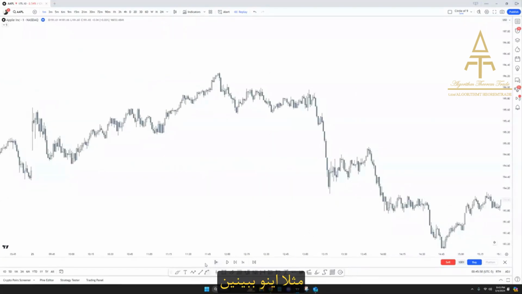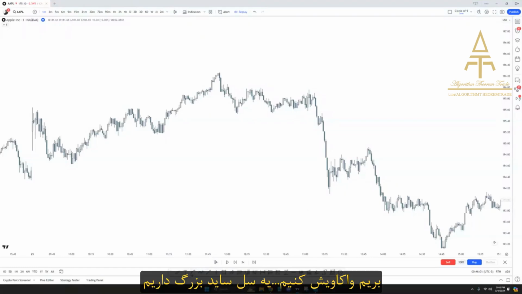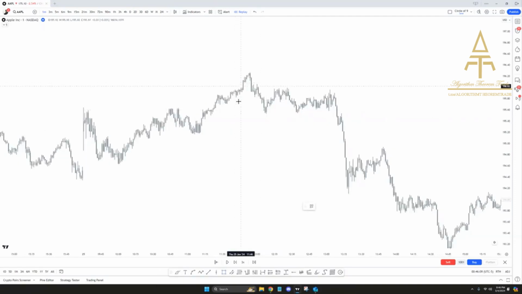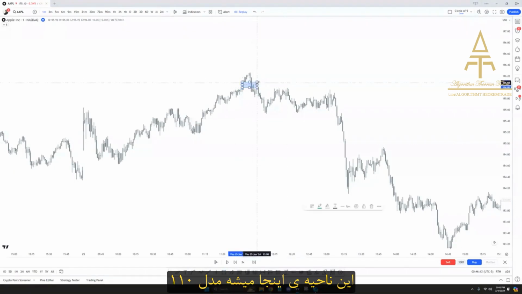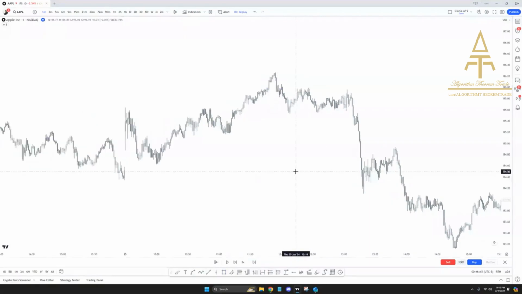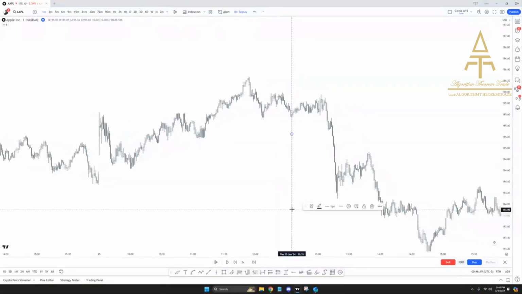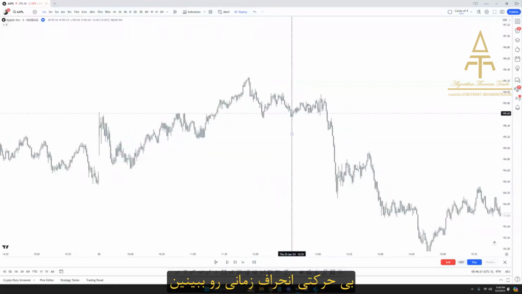Take this for example. If we were to dissect it, there's a large sell side there. This is a pretty clear manipulation up here, right? Right here. But this area up here is model 110. Now what happens until 1235? A little bit of time distortion chop, right?